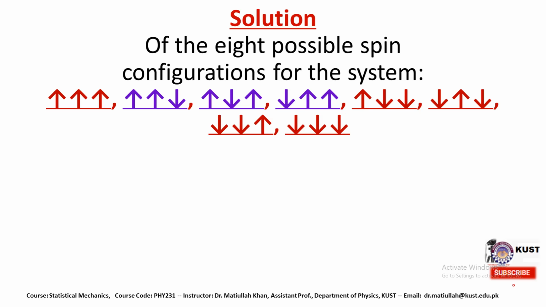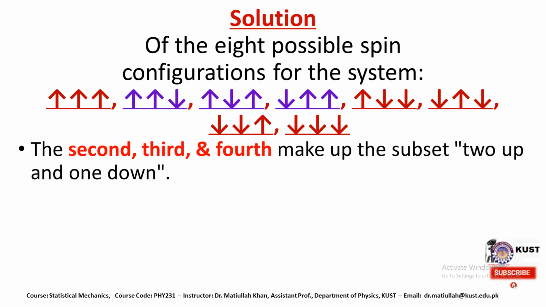And similarly, at the end we have a simple configuration where all the particles are spin down. So if we look at the possible states for these particles, which have 2 possibilities, spin up or spin down, the number of possible microstates is equal to 8. And their probabilities are equal to each other.